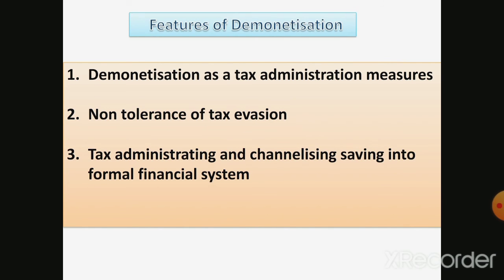The third feature is channelizing savings into the formal financial system, which means much of the cash deposited by people for exchange will be offered to the people as loans under new schemes.